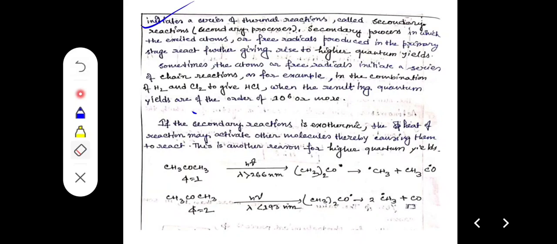Suppose H2 and Cl2 produce HCl, there is lots of radical formation. In this way secondary reactions can take place. Second reason: sometimes the process is exothermic and heat is released, and this amount of heat can produce secondary reactions. So due to this phi increases.